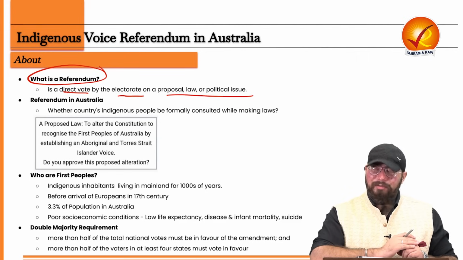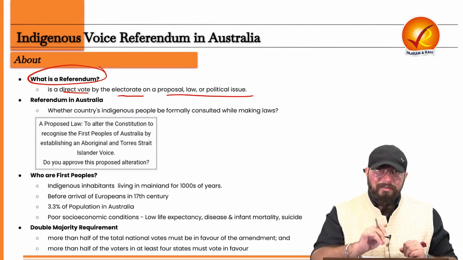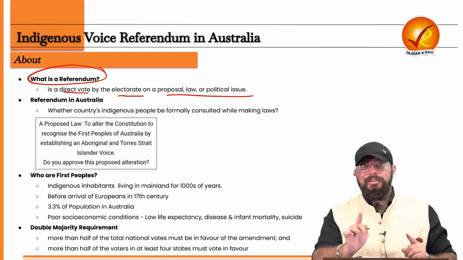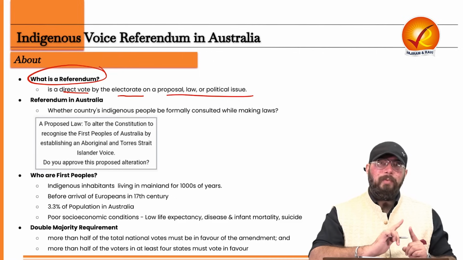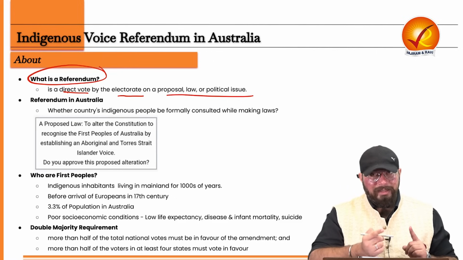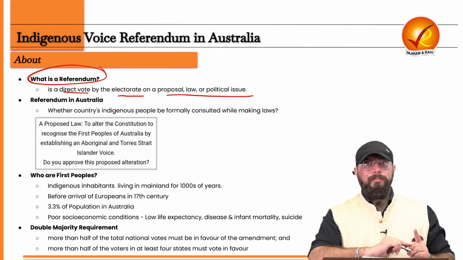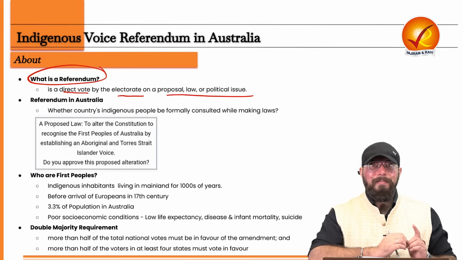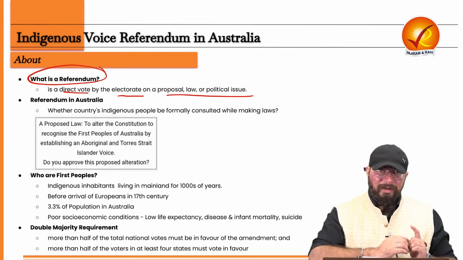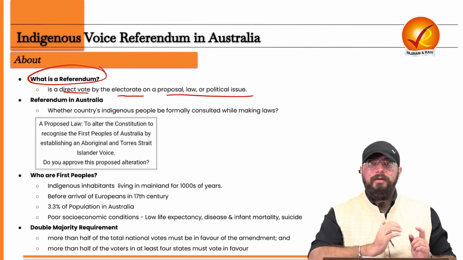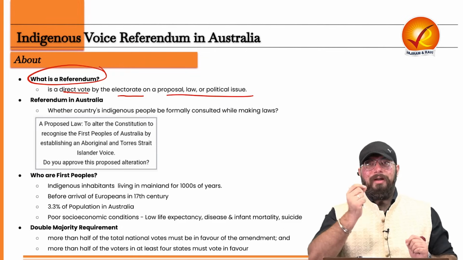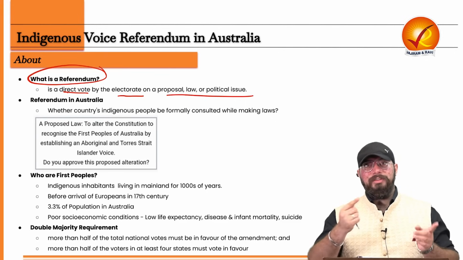But in a referendum, whenever the government has to take a very major decision, it poses a question to the public that this is what we want to do. You either vote yes or you vote no. That means you give us your mandate on whether we should go ahead with this particular issue or not.